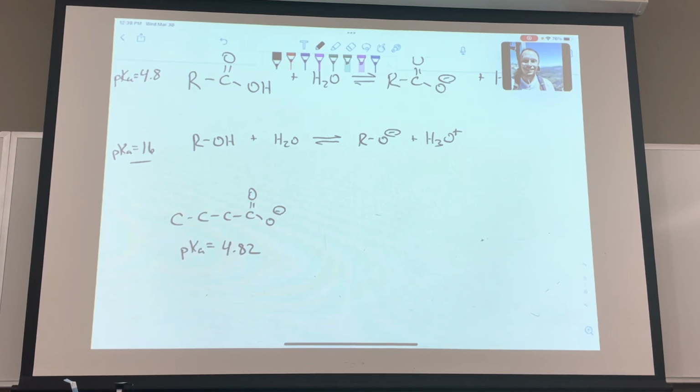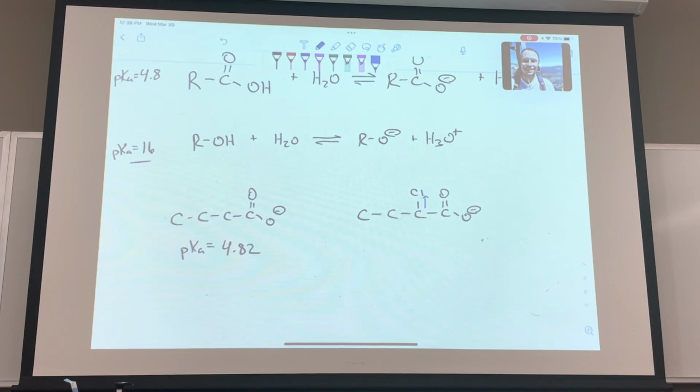But if you start putting electronegative atoms close to the carboxyl group, you can enhance the acidity. So consider this one. Now I have a chlorine. Chlorine's an electronegative atom, meaning that it is pulling electron density towards itself.